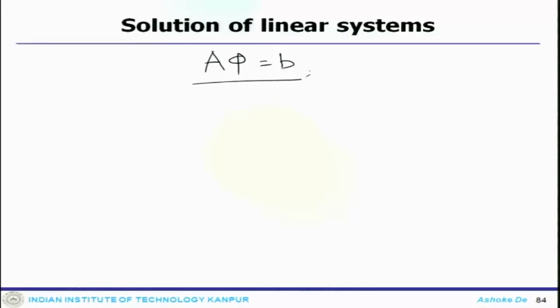Today we will discuss the solution procedure. This is our equation system, the linear system, and we are getting it from the discretized system. So, the discretized equation will lead to the linear system.